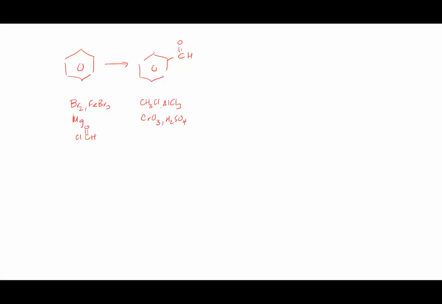We got Br2, FeBr3, and then the boron ester with R as HC double bond O. How do you want the borate ester to look like? HC double bonded to O, and then with the boron ester. I'd have to think about that one.